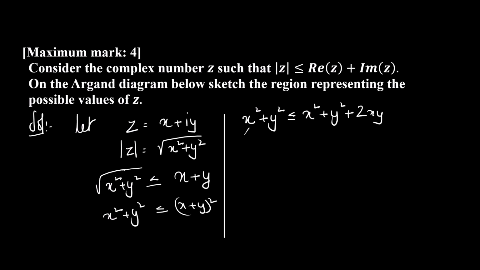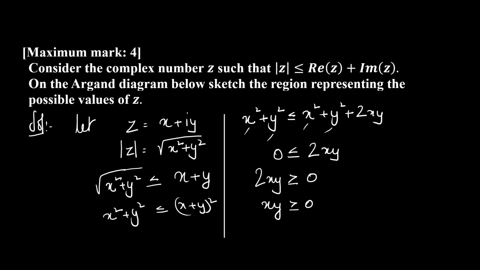So I have applied the a plus b the whole square formula on the RHS. We know that x square and y square will get cancelled. So what I'll now remain with is 0 less than or equal to 2xy, which means 2xy is greater than or equal to 0, or xy is greater than or equal to 0. Now there are a couple of possibilities here.